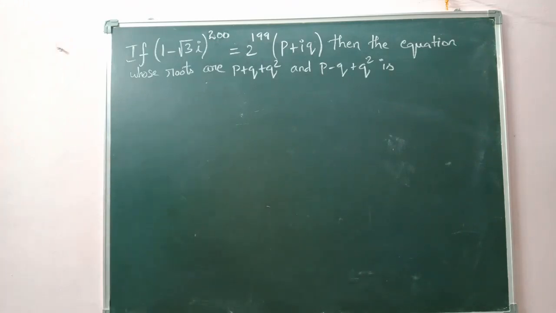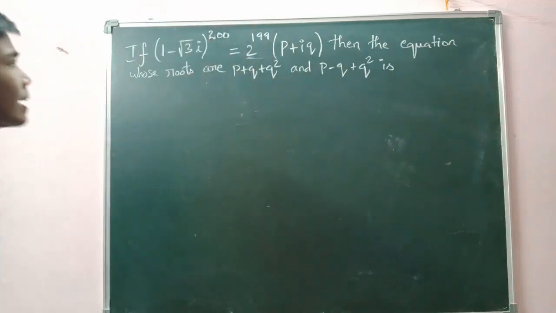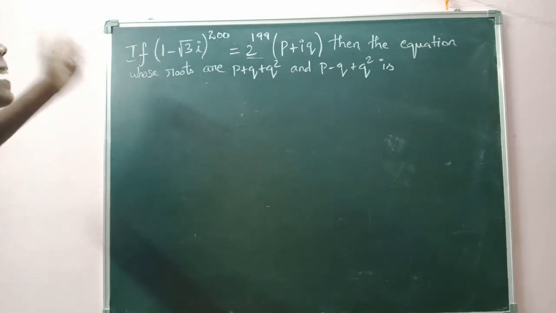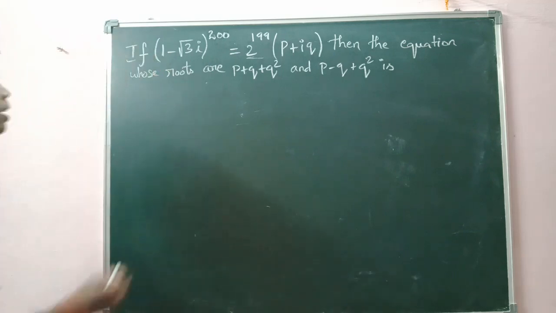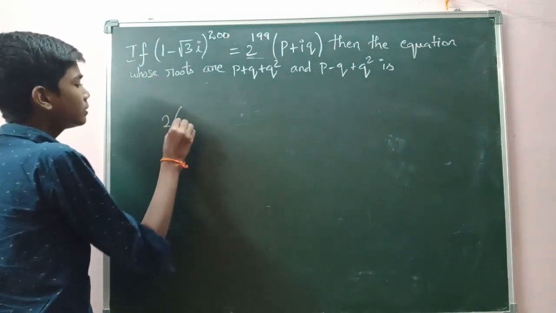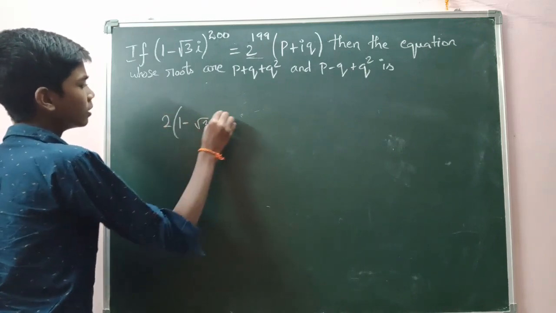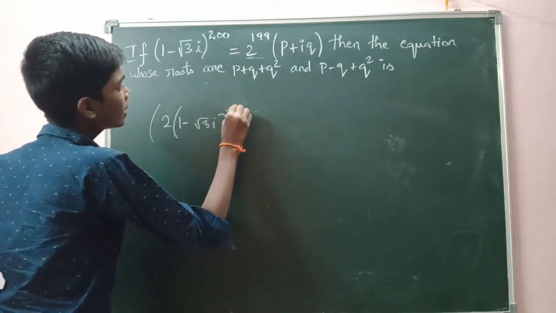In the LHS there is (1 minus root 3 iota) whole power 200. I know that in the RHS I am having 2 power 199. In order to cancel this 2 power 199, I need to take 2 common. I hope that makes it clear. In the LHS, if we take 2 common, then we will get 2 into (1 by 2 minus root 3 iota by 2), whole power 200.